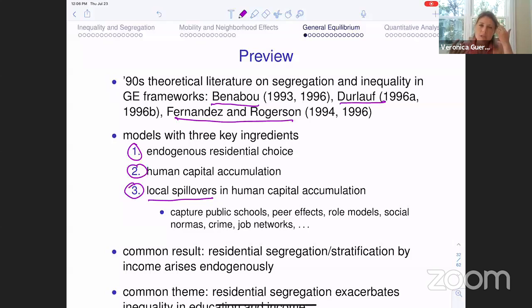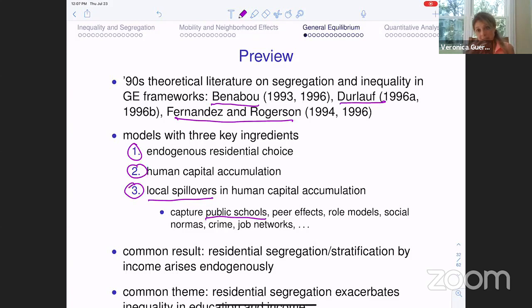Of course, there is another big set of issues that I think it would be very interesting to address, which is where these spillovers and neighborhood externalities come from. There are some usual suspects there, but it would be nice to have more data on which effect is more important.